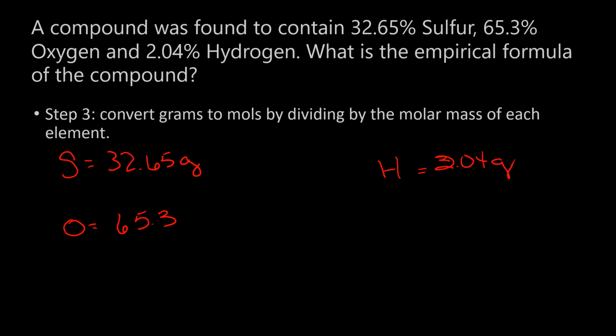So now we need to convert the grams to moles by dividing by the molar mass. Sulfur has a molar mass of 32, so 32.65 grams divided by 32 grams equals 1.02 moles.